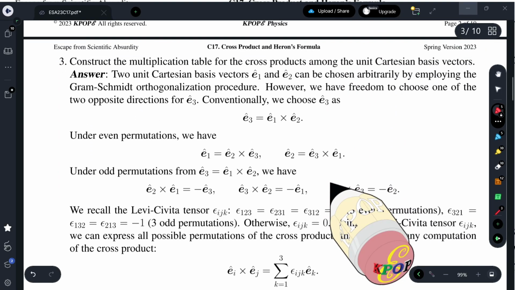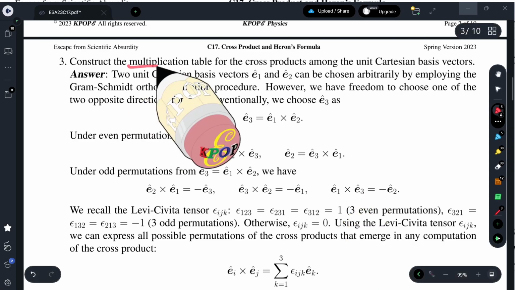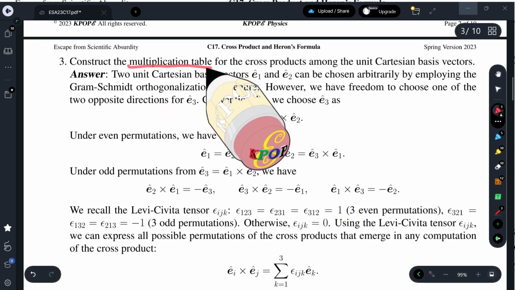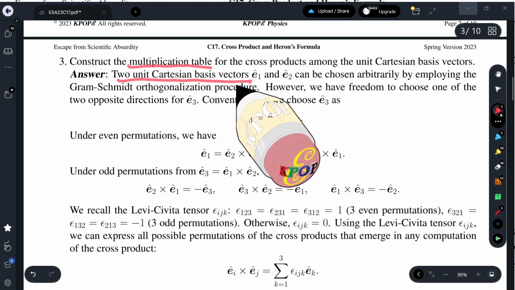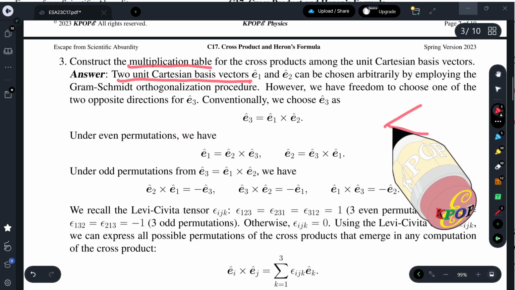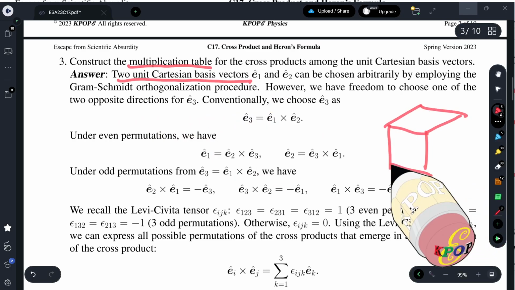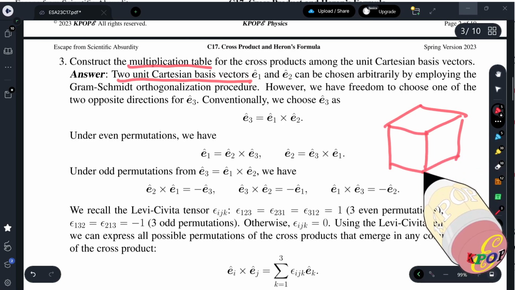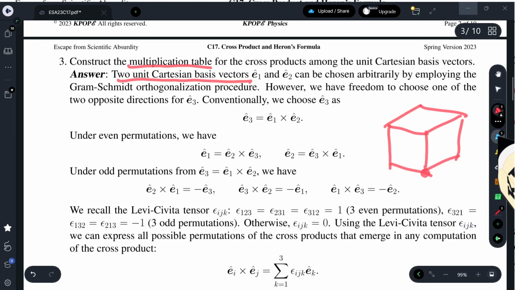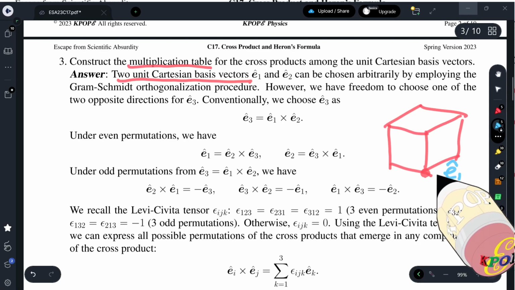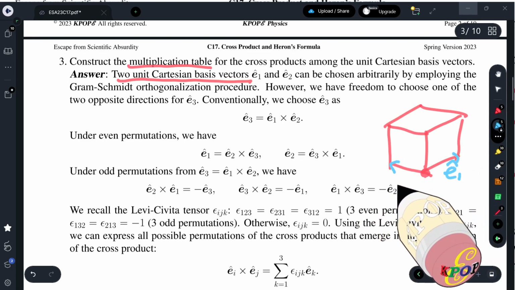We make use of the definition of the cross product to construct a multiplication table for the unit Cartesian basis vectors. We can draw a cube, and of the adjacent three sides, we choose e1 hat and e2 hat.